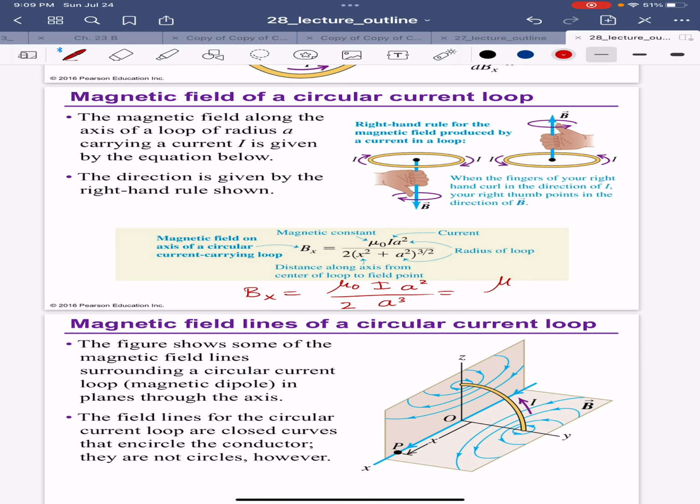Then it's going to be mu 0 I over 2a, because it's going to cancel.